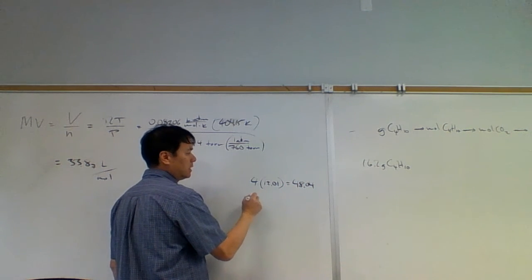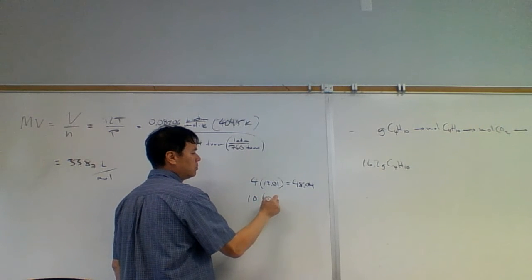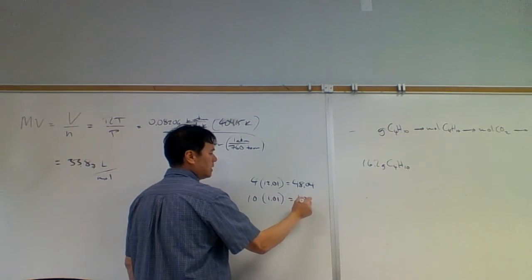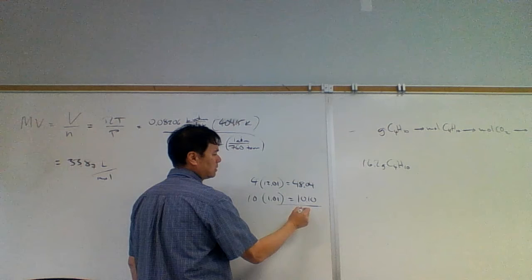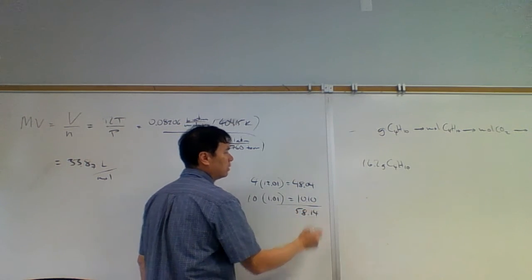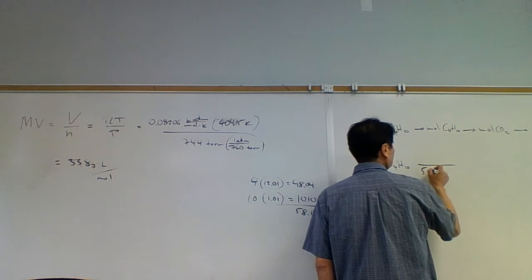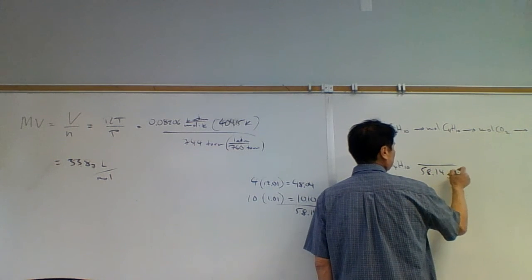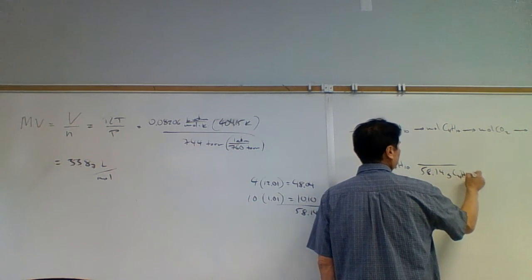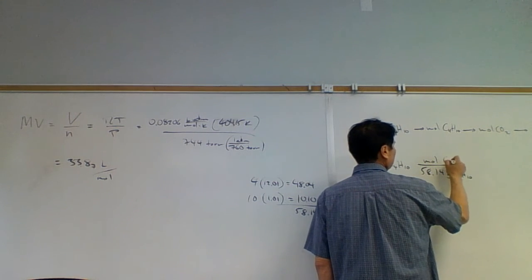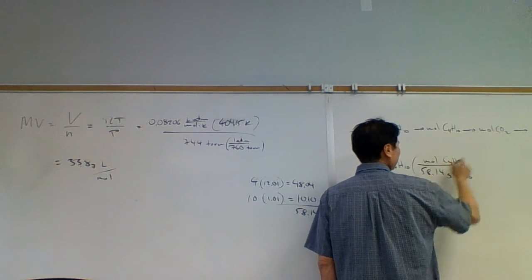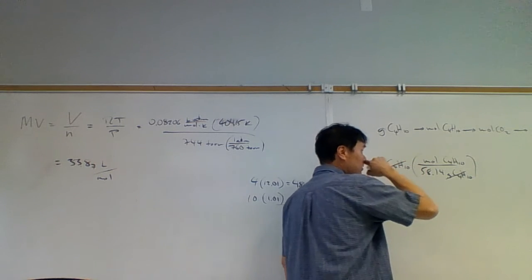And then we have 10 hydrogens, which is 1.01 each, so this is going to be 10.1. This is going to give us 58.14 grams of C4H10 per mole. So the grams cancel out the grams.